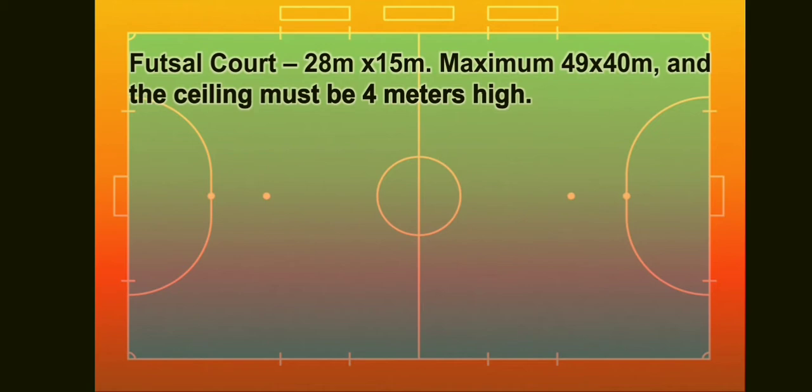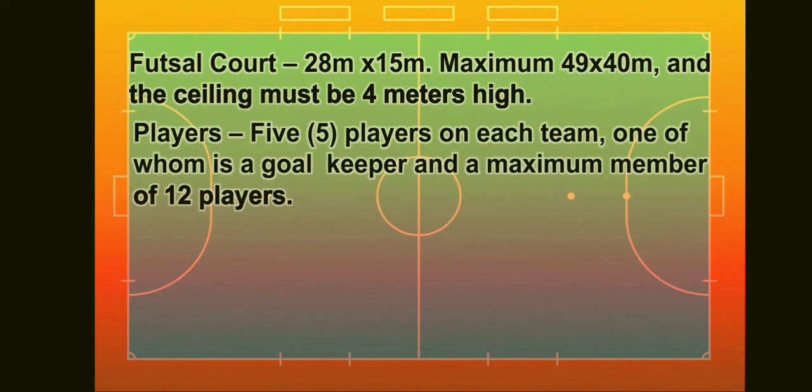The ceiling must be 4 meters high. Players, 5 players on each team, one of whom is the goalkeeper, and a maximum of 12 players that can be used in each match.